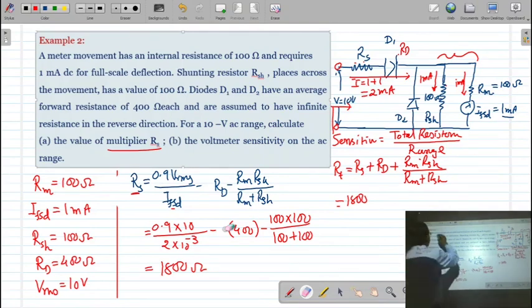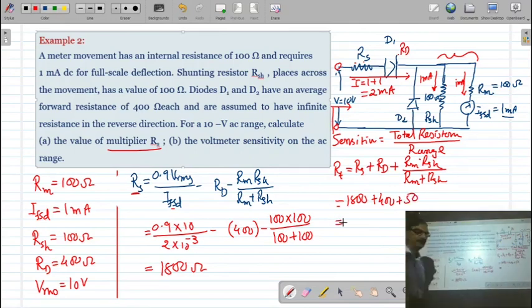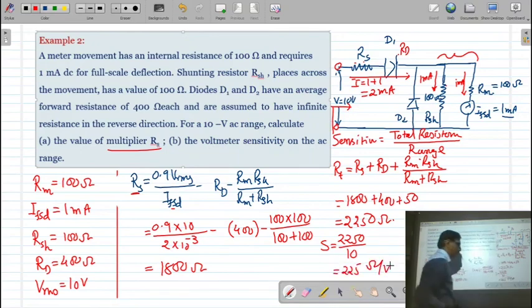So here RD is 400 ohm plus 100 into 100 and if you take the parallel combination, this will be 50 ohm, and your answer will be 2250 ohm. So the sensitivity is 2250 divided by 10 volt, and this is 225 ohm per volt.